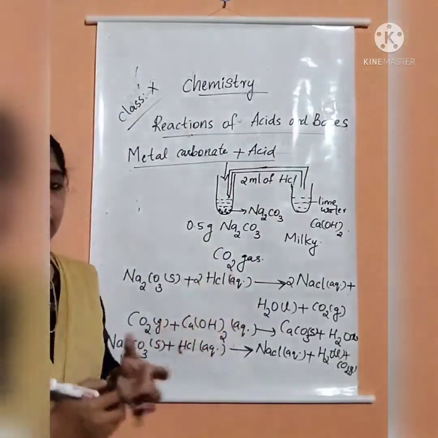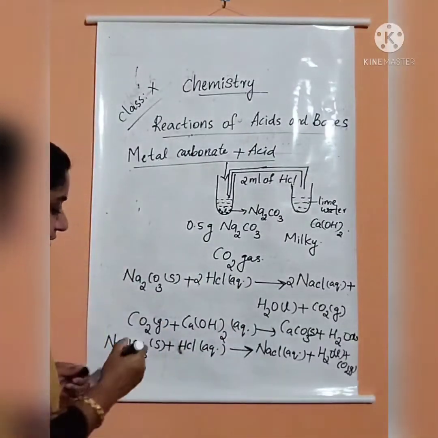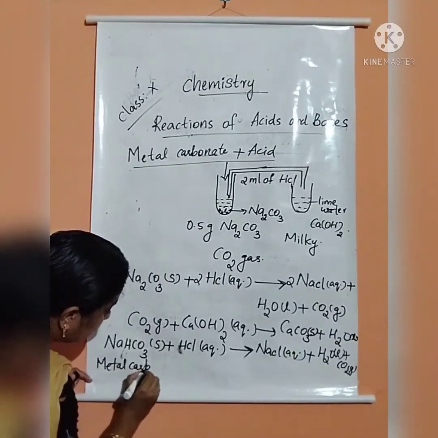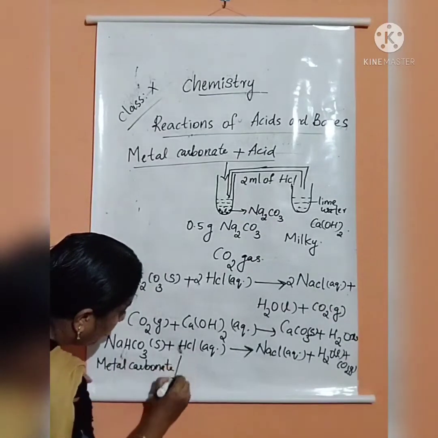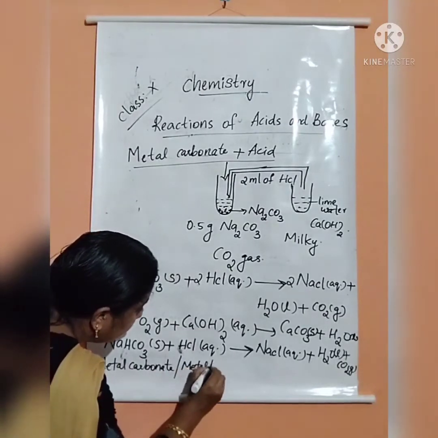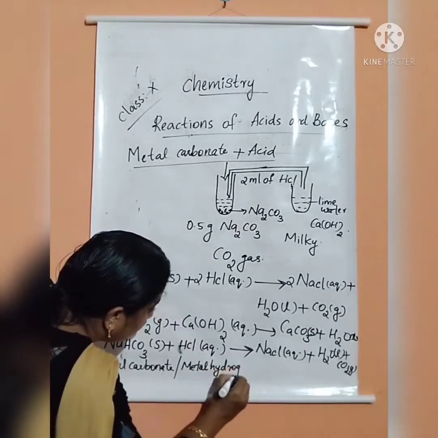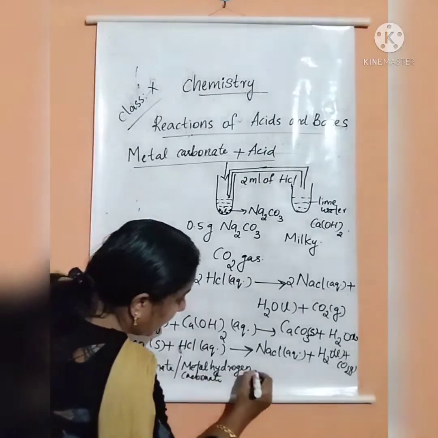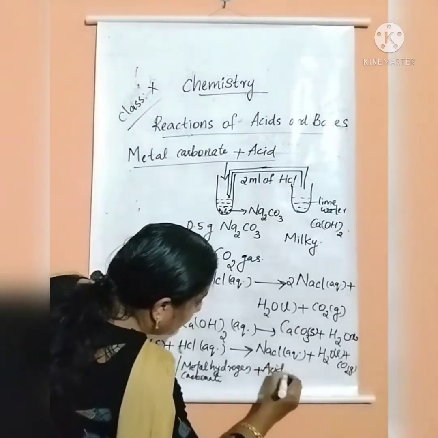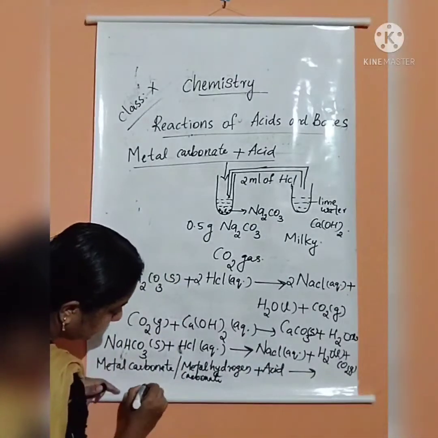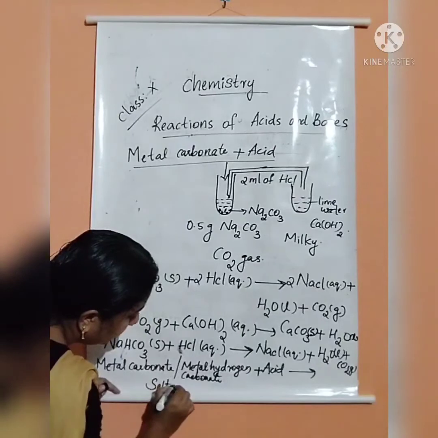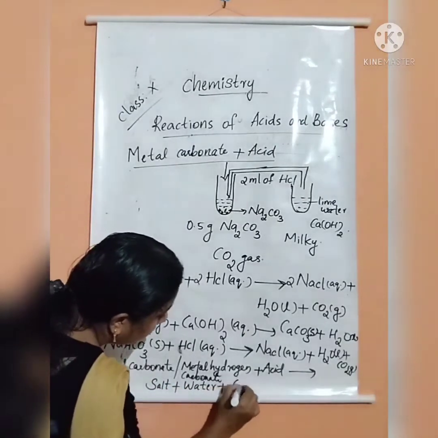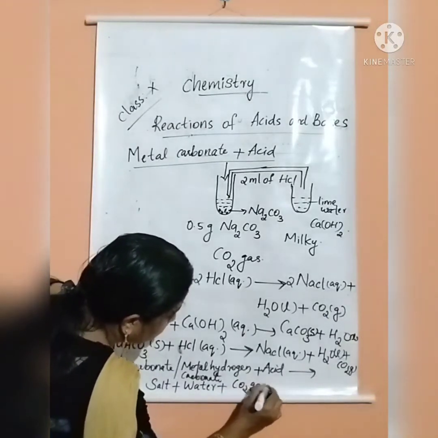From these two reactions, we can summarize it as metal carbonate or metal hydrogen carbonate reacts with the acid. What are the products? Yes, salt plus water plus carbon dioxide gas.